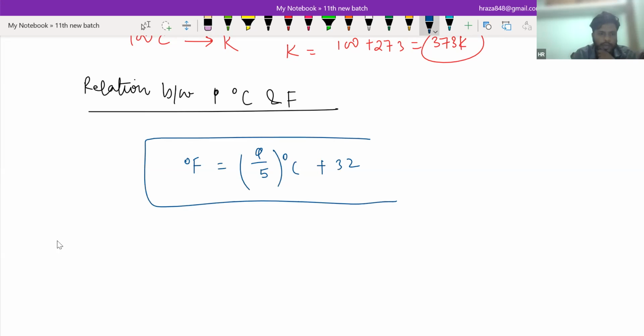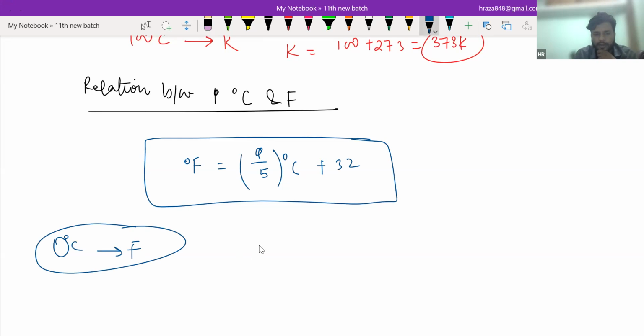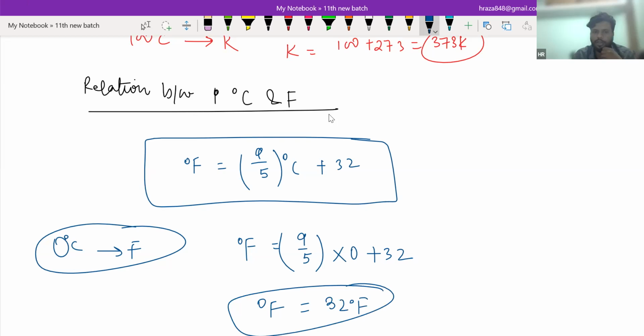If you have 0 degree centigrade and you have to change it into Fahrenheit, degree Fahrenheit will be equal to 9/5 into 0 plus 32. So at 0 degree centigrade it will be 32 degree Fahrenheit. You just have to put the value in the formula and you will get your answer.